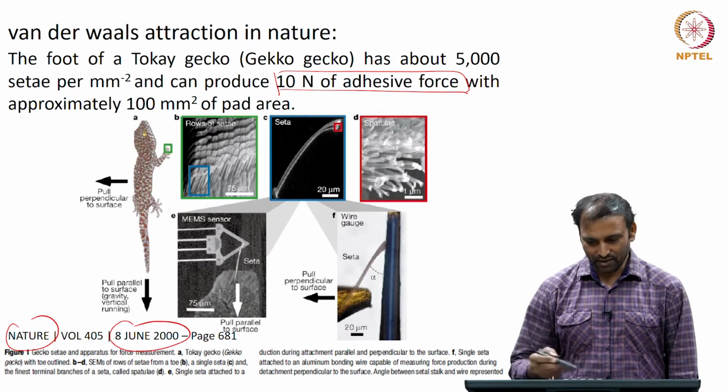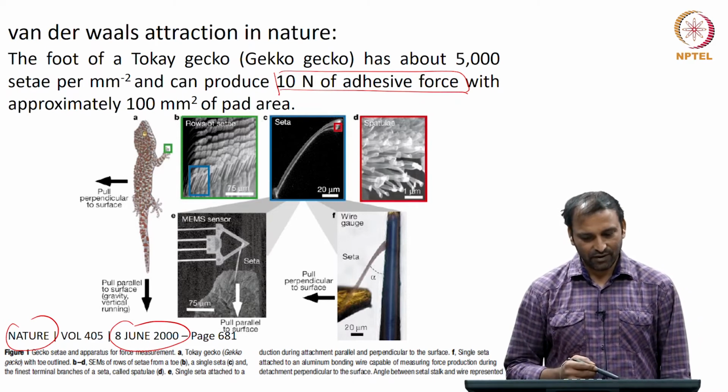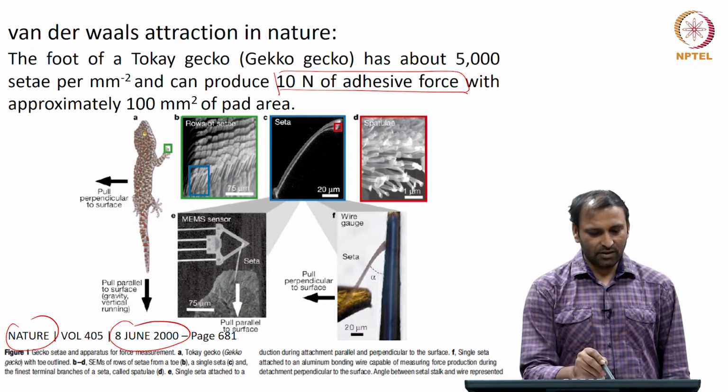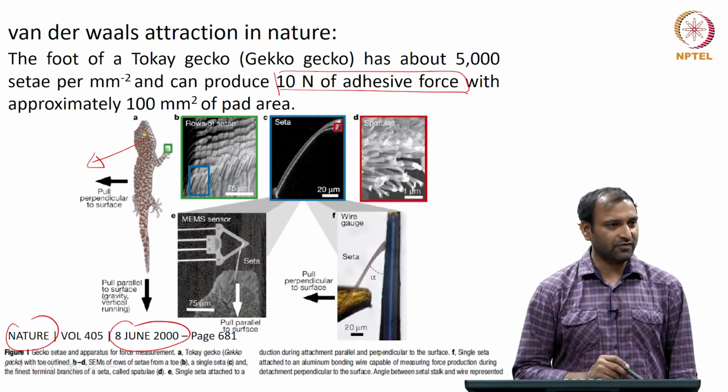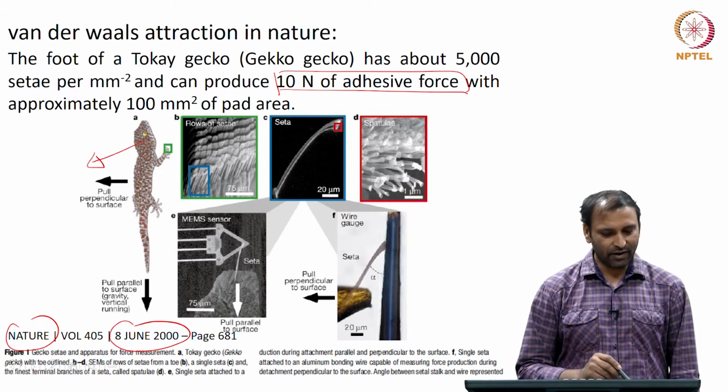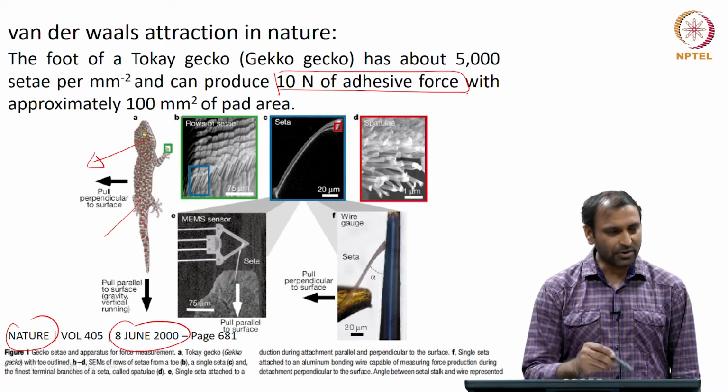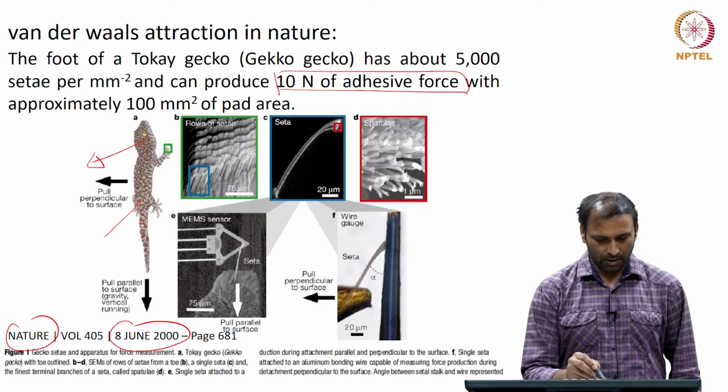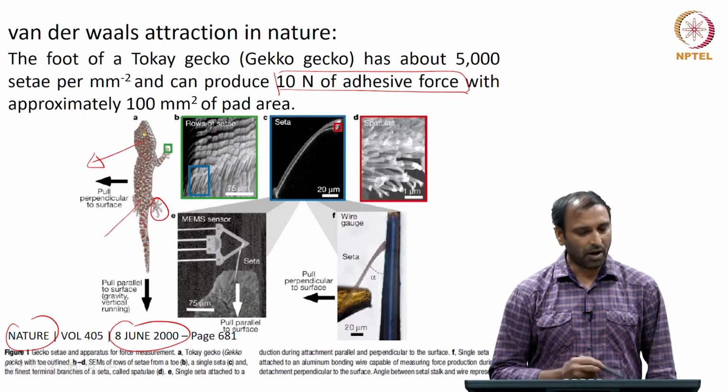This is a macroscopic picture of a gecko, and then you can look at the mesoscopic structure when you look at its palm, for example.